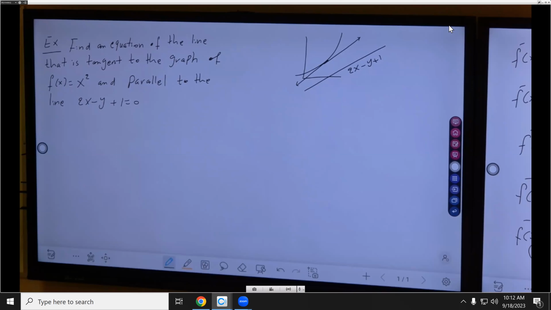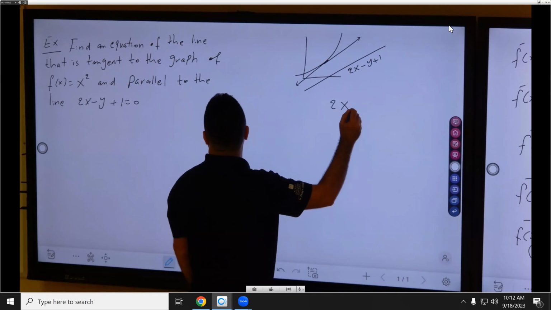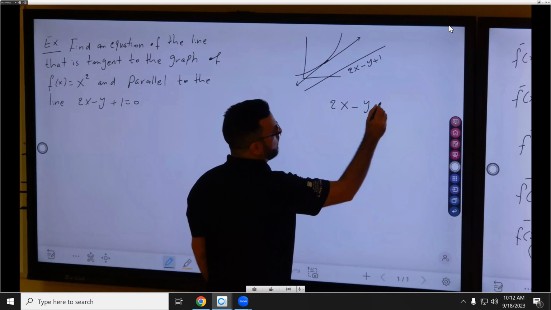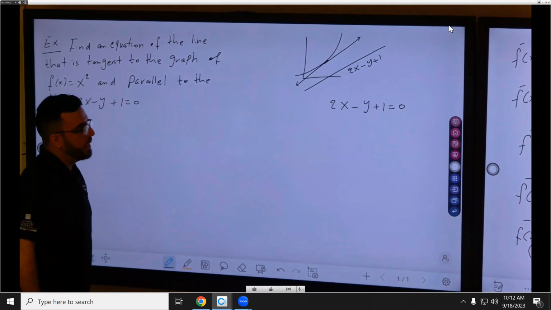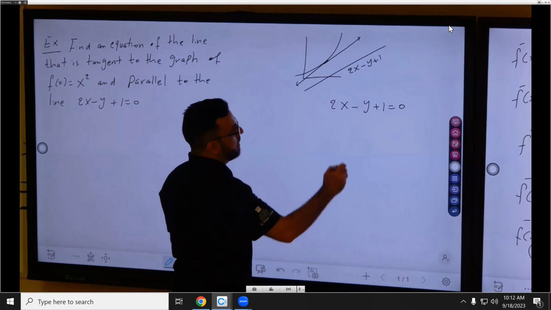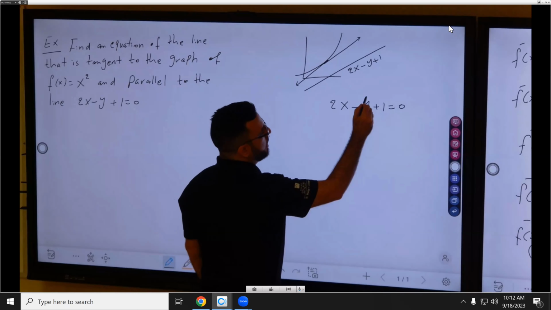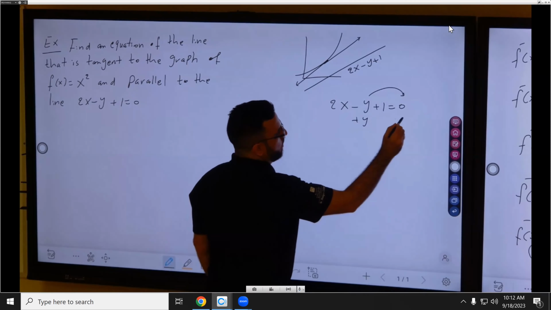When we start, I'm going to take this line here on the side. I'm going to say 2x minus y plus 1 equals 0. Okay? Now, can I rewrite this one to find the slope for this line? You're going to move the y to the other side. You're just going to add y to both sides.